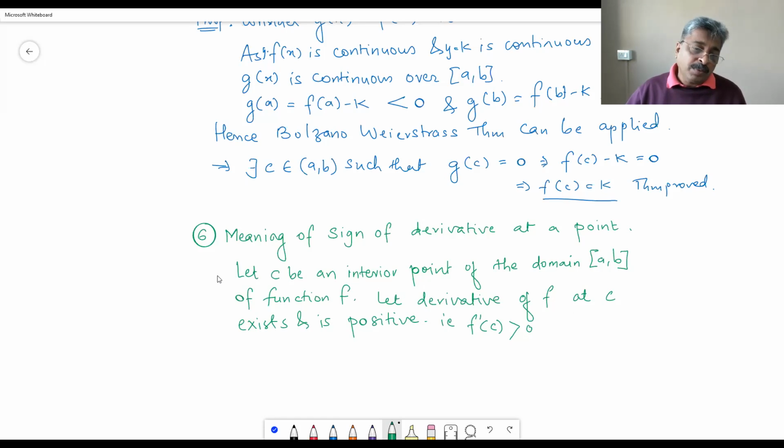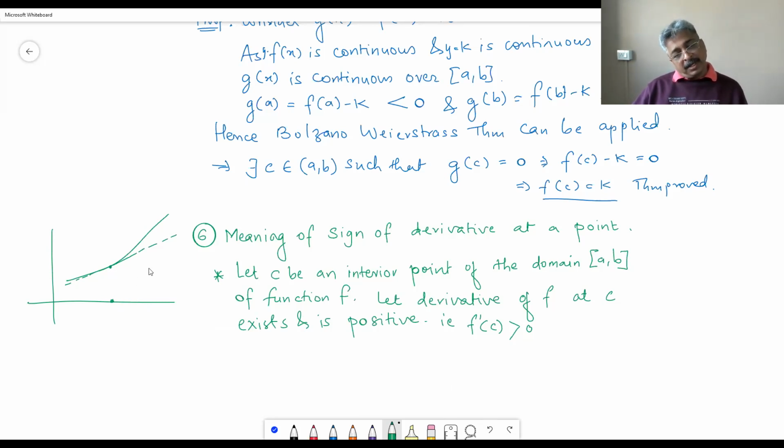Okay, so if this is the situation, what do we understand? At c, whatever that function is, it is given that the derivative exists and it's positive. So geometrically we say that there exists a tangent which can be drawn and it has a slope which is positive.